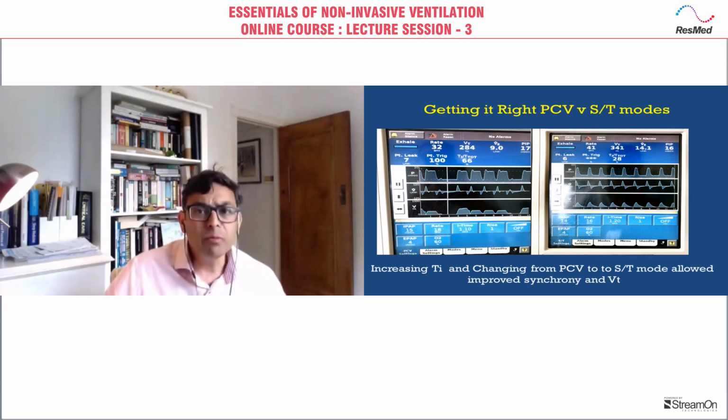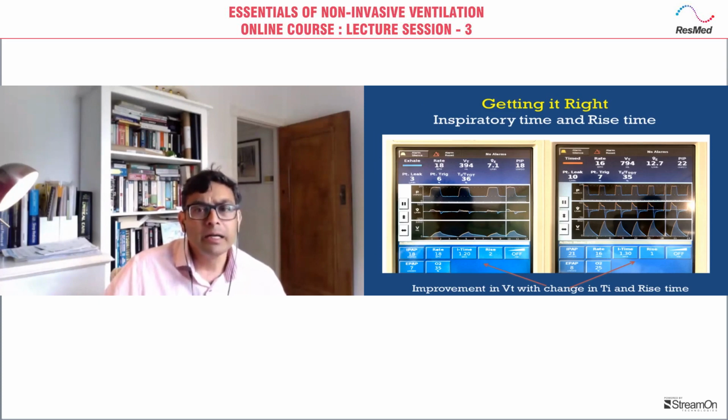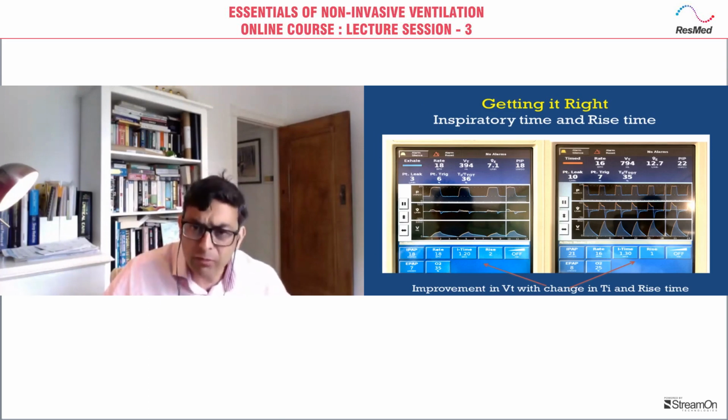Now, when we move that into ST mode, because we can see that this is not really working, the patient is trying to work a bit faster. So we have roughly kept the pressures the same, but we have changed to ST mode. And what we have done is we have given slightly longer breathing time.